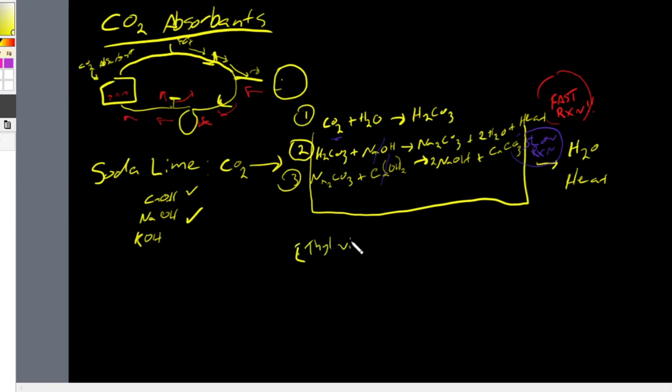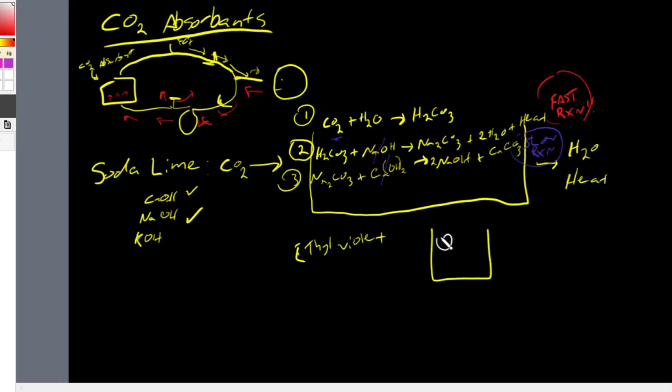So ethyl violet. And what the ethyl violet is going to do is it's added to Sodalime, and the granule colors of the Sodalime change from white to violet as carbon dioxide builds up in the system. So I'm going to draw our CO2 canister here.